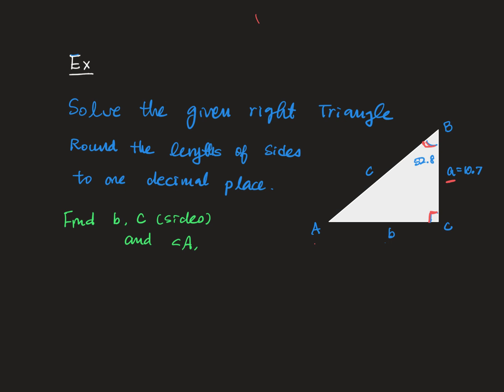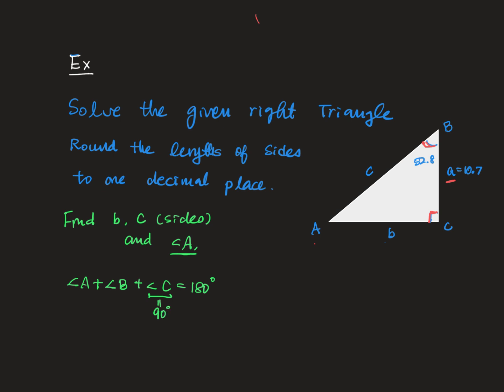So first, this is a right triangle. What kind of trigonometry will you use? Before we do that, you're gonna find the angle first because the sum of the three angles is always 180 in the triangle. But angle C is always 90.